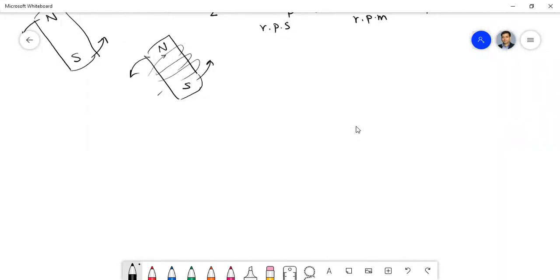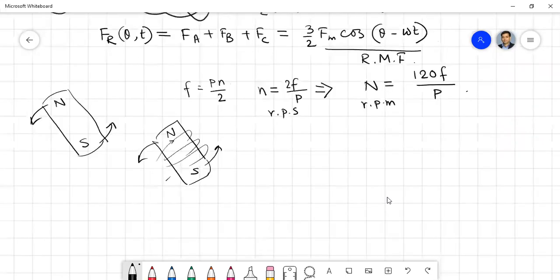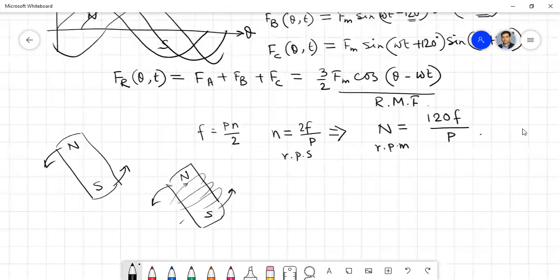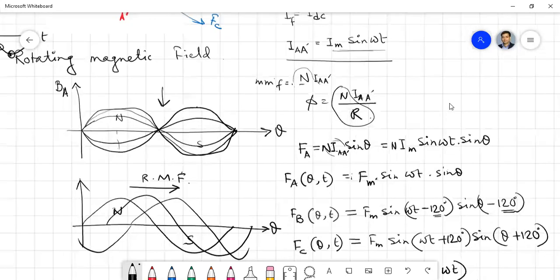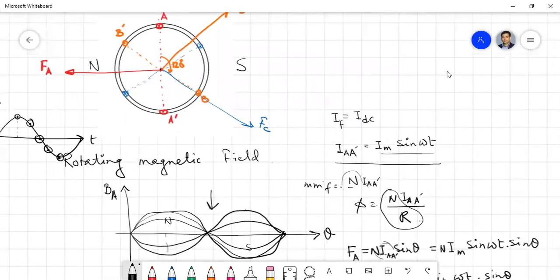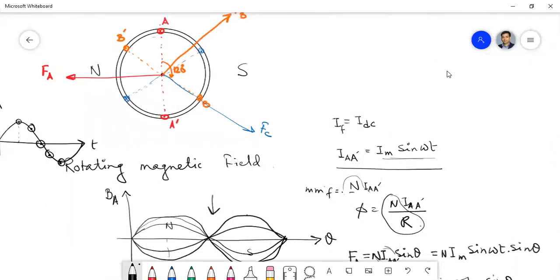So in the case of an induction motor, we have this type of construction at the stator. Now inside you have the rotor. The rotor is also cylindrical like the stator, maintaining a fixed gap between the stator and rotor.